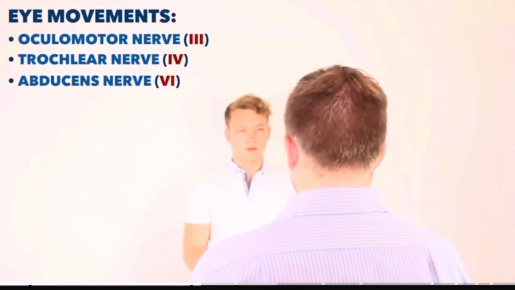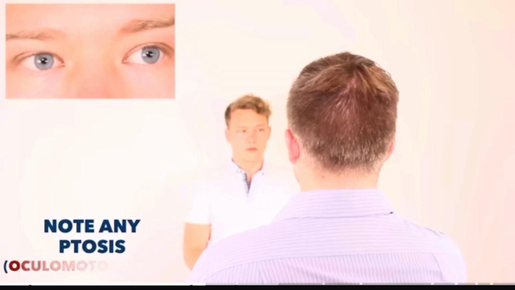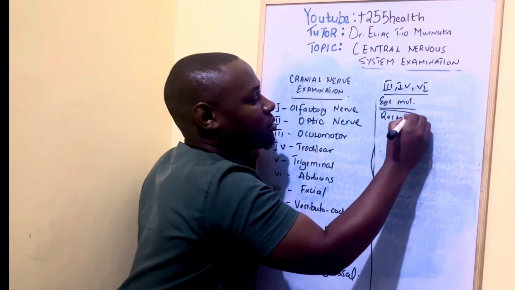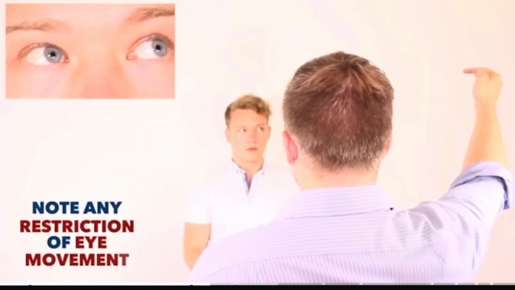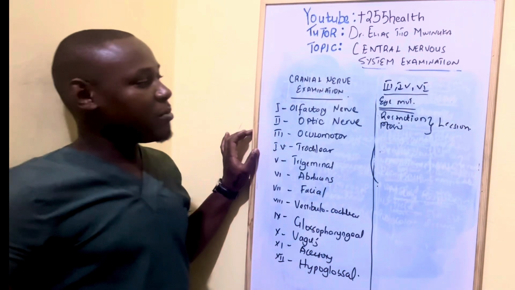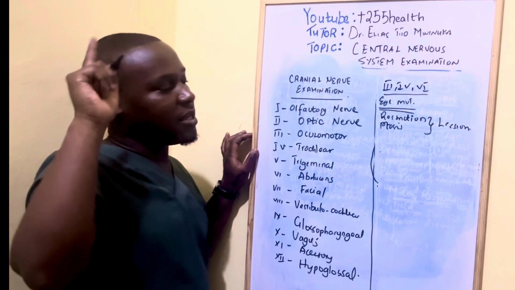You can tell the patient to follow your finger, go down low this side, and see if there's any restriction or if there's any ptosis. Very important: if there's any restriction, you can tell there's a lesion. That's why the patient is unable to follow your finger down low or maybe up.